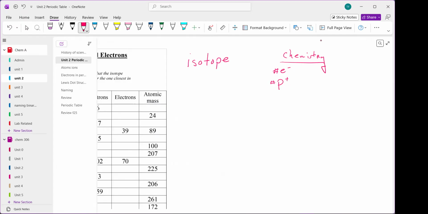The other, the non-chemistry, are the number of neutrons. So you're going to have as many neutrons as you want. It doesn't change the chemistry because the valence electrons, the electrons in the outer orbital again, determine the chemistry, not the neutrons.